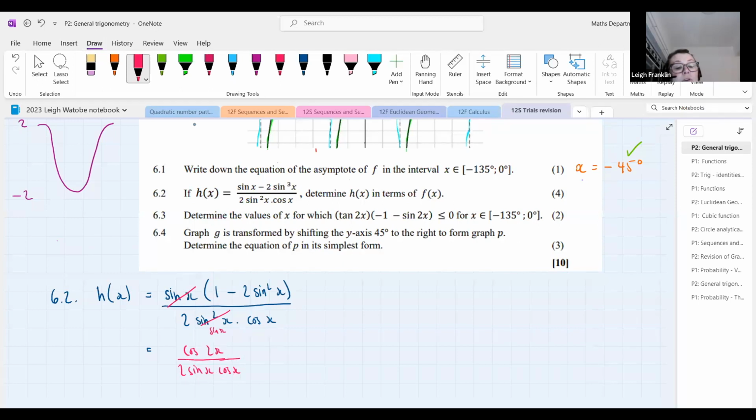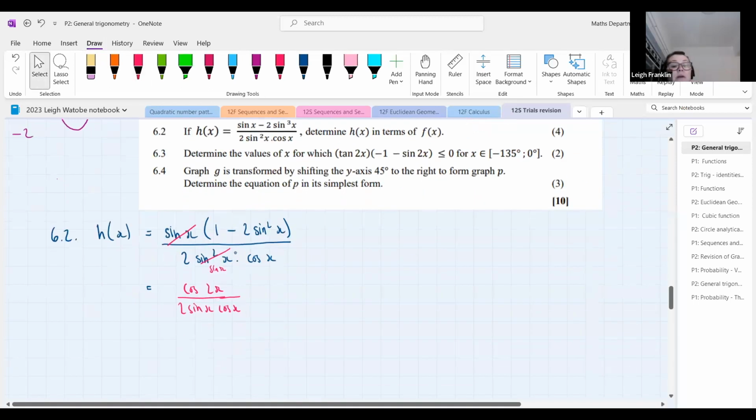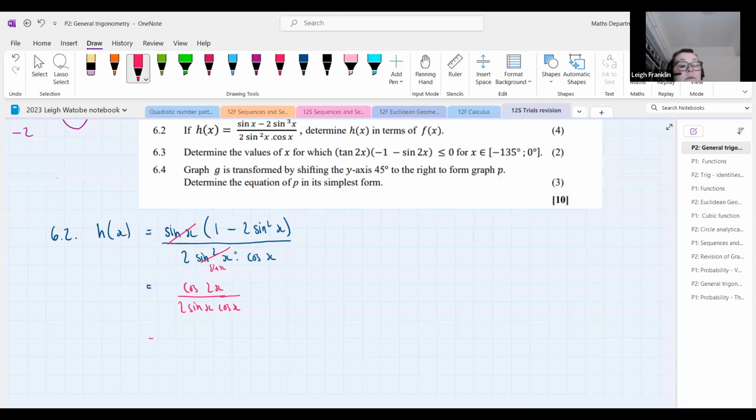And we know that 2 sine x cos x is sine 2x, isn't it? That's it. Well done. So now we've got cos 2x at the top, and we've got sine 2x at the bottom. Sorry, I'm talking nonsense. Beg your pardon.